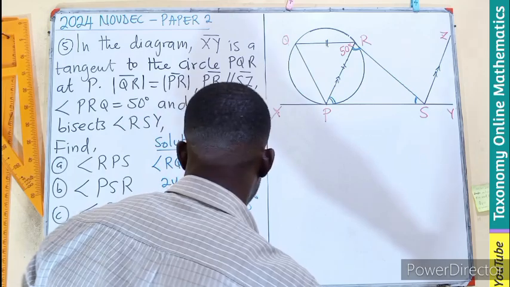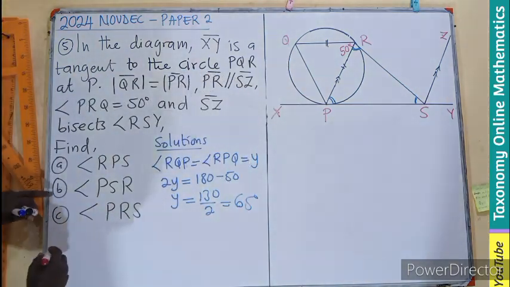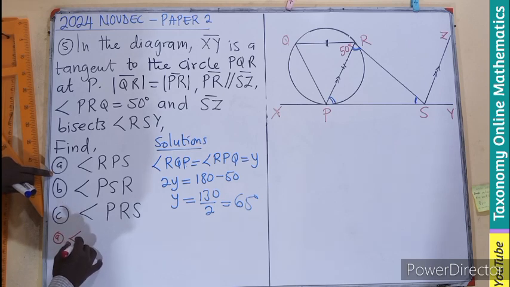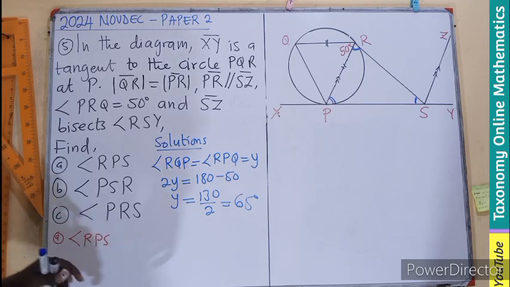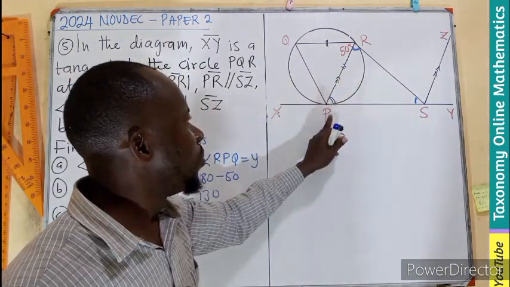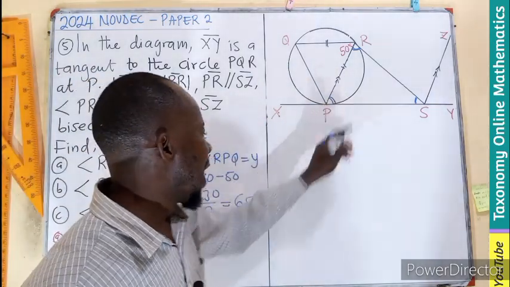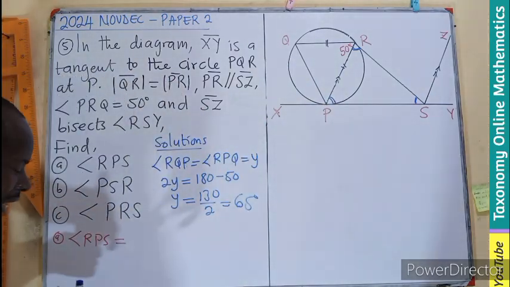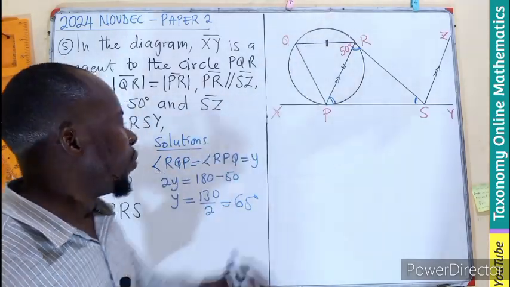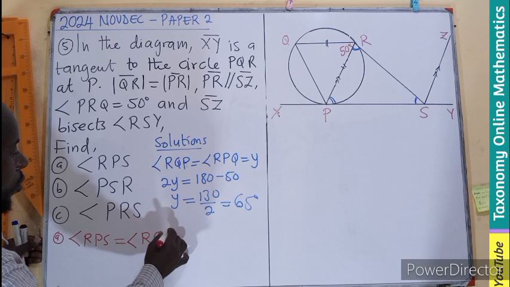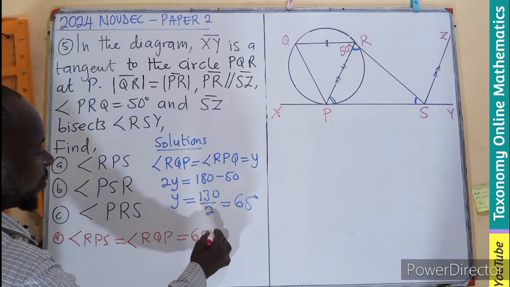So I can say that from here, picking the question A, angle RPX, which I'm asked to find, this very angle will be equal to the angle I found here, which is going to be the angle RQP, which is 65 degrees.